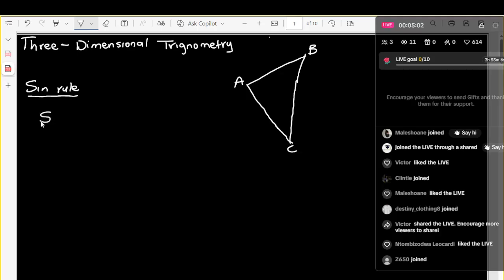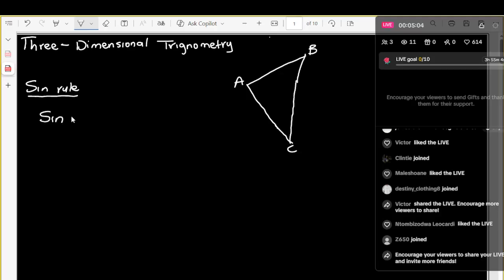It says that the sine of angle A over small a is equal to the sine of angle B over small b, which is also equal to the sine of angle C over small c.